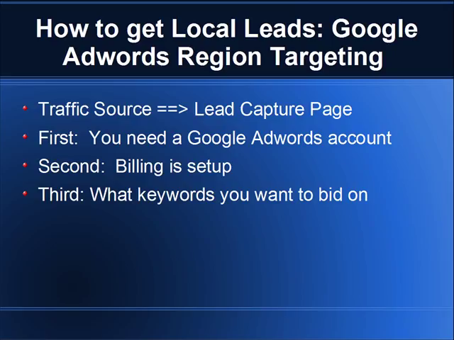Whether that means creating a new campaign for every single capture page, then you'll have to do that. But I find that you get better conversion rates if you target that specific keyword and it's located in the lead capture page. So if you set up only 10 keywords and the keywords are in those lead capture pages, or you create a new lead capture page for that keyword, then so be it.